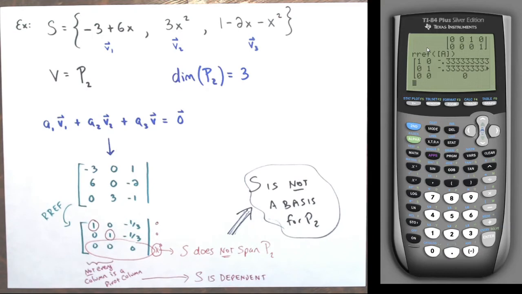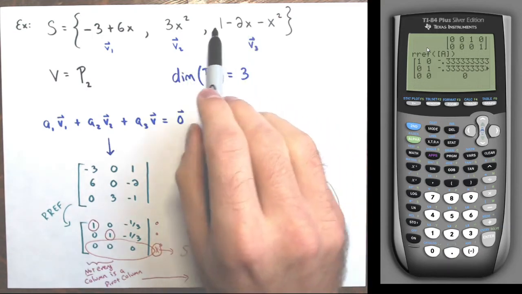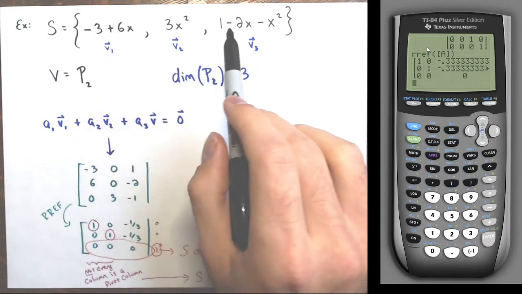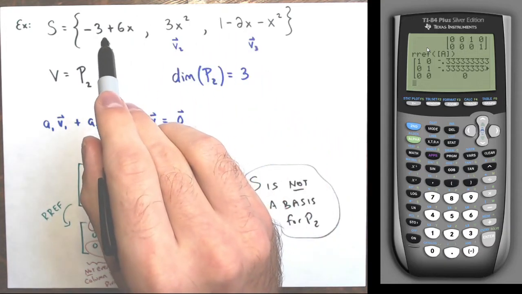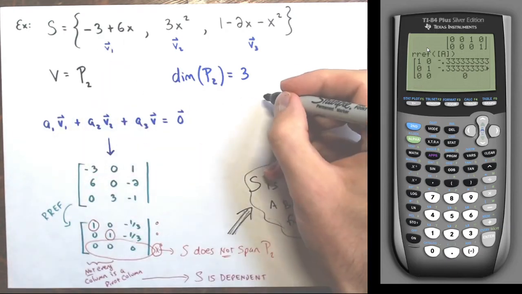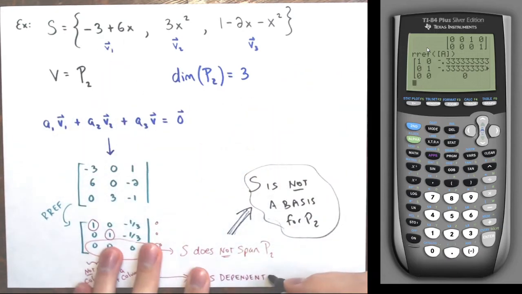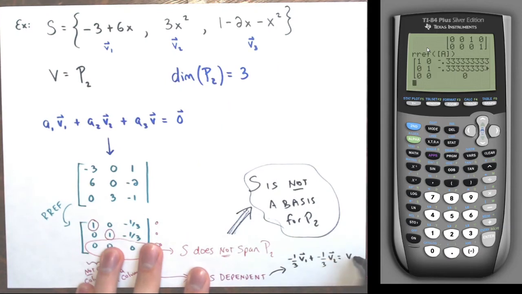Since these are dependent as well, that means you could write one of these as a linear combination of the other two. In fact, if I took negative 1/3 times V1, let me show you the dependence, negative 1/3 times vector 1 plus another negative 1/3 times vector 2, I'm just seeing this here, equals vector 3.